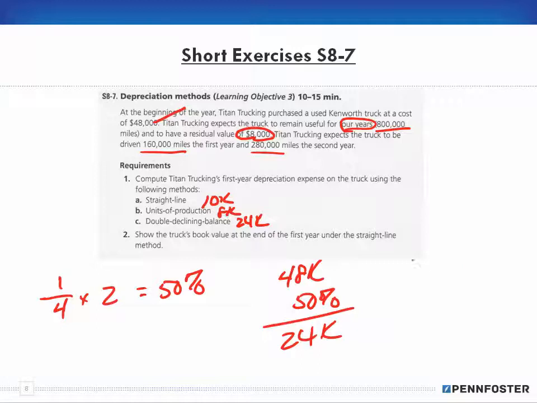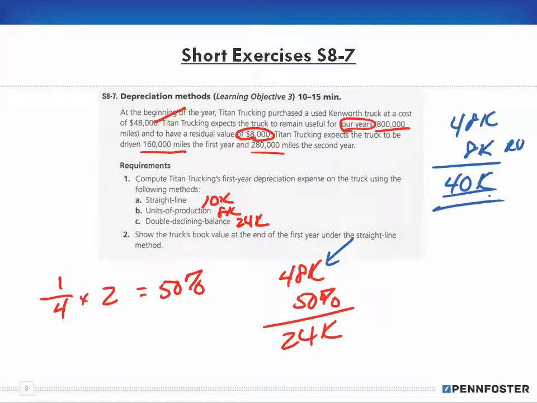Right now, I had said I wasn't going to go into the theory behind this, but I'm going to quickly deviate for a moment, because if you will recall, for the straight line and units of production, we started out with 48,000, and then we subtracted our residual value of 8,000, and we're going to depreciate $40,000.